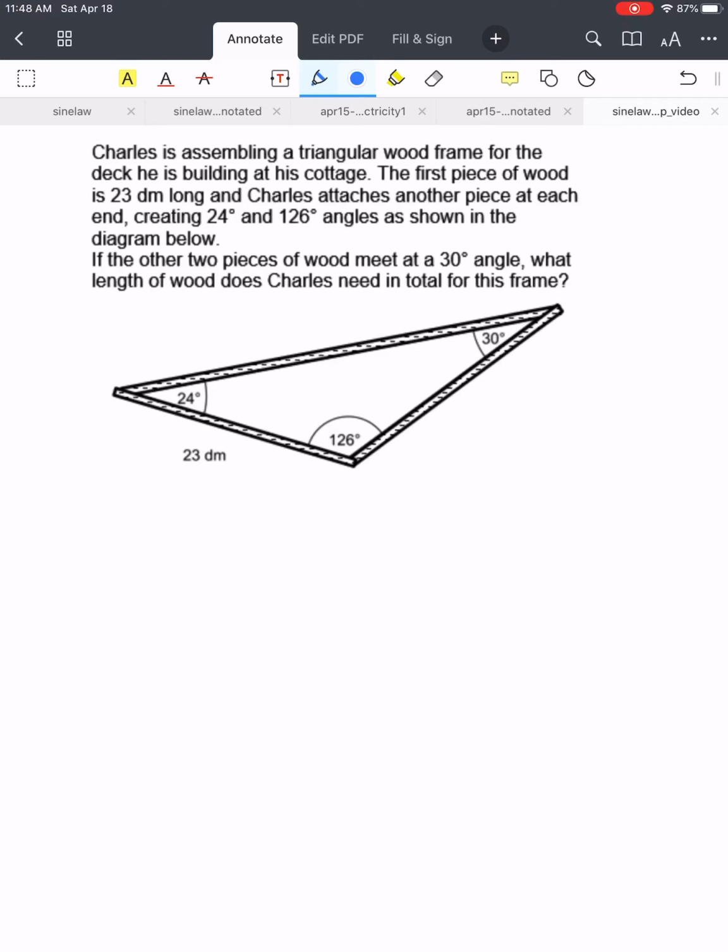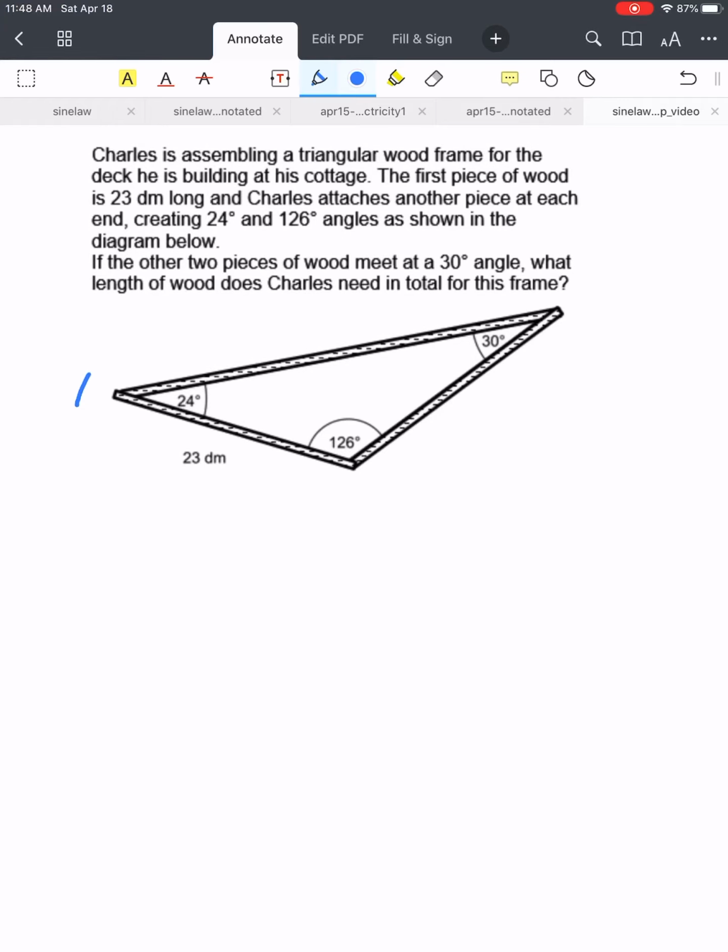All right, so let's label our vertices and our sides. Let's do A, B, C. This will be a, this will be c, this is going to be b, each across from its angle. It doesn't matter where we start, so why don't we solve for a first?